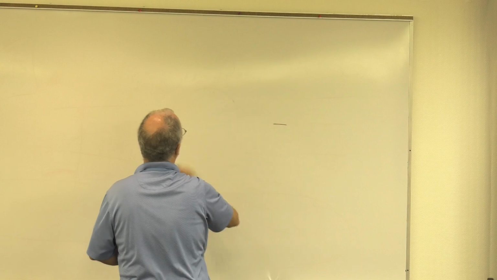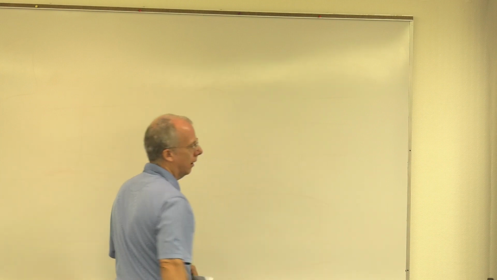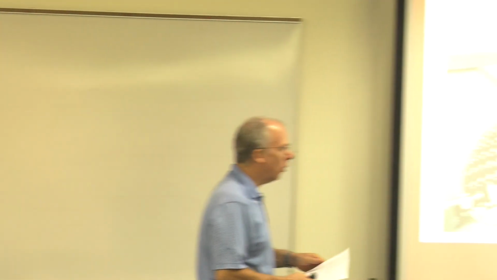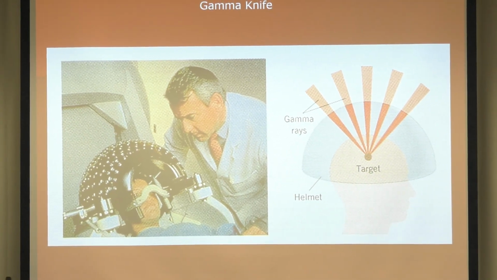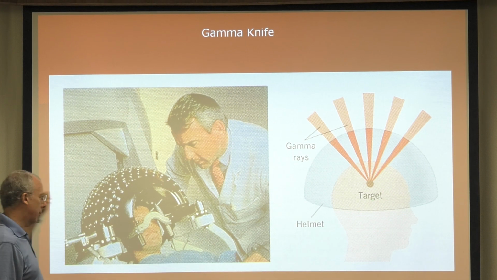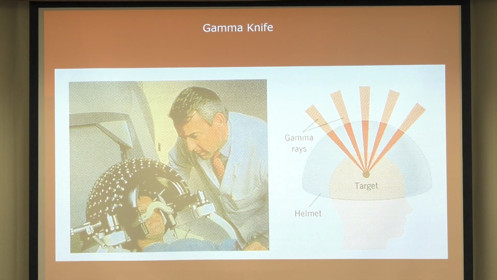All right, so people thought, well, gee, how could we fix that? So they came up with a name, gamma knife. It's a great name. So gamma knife, instead of using one high energy beam, and this didn't have to be electrons, it could be anything, but one high energy beam has collateral damage.